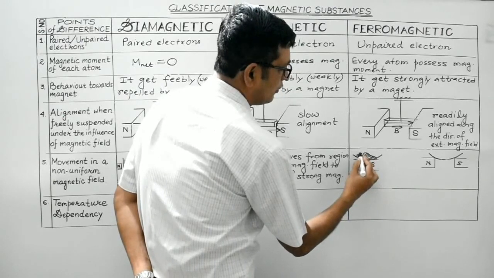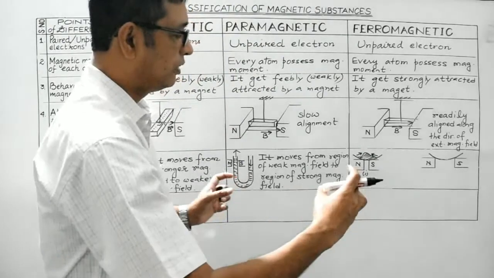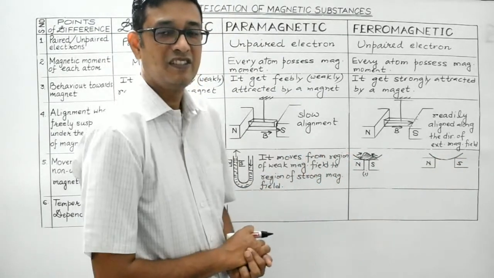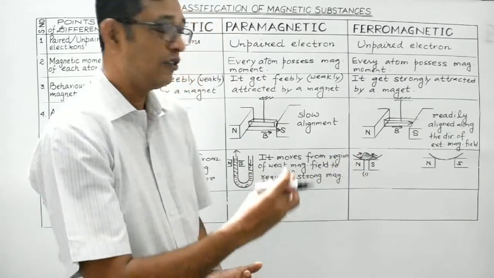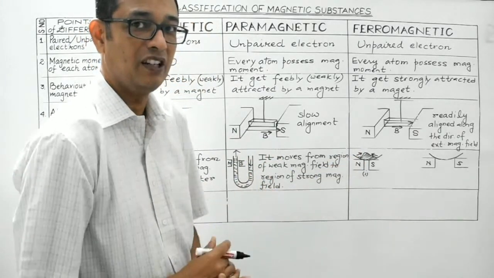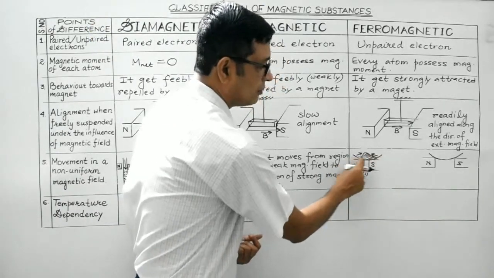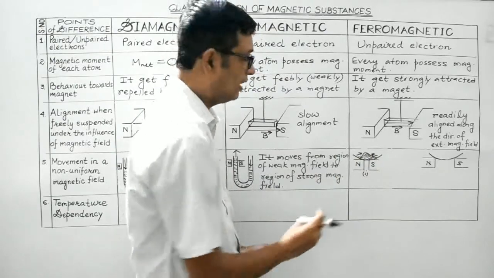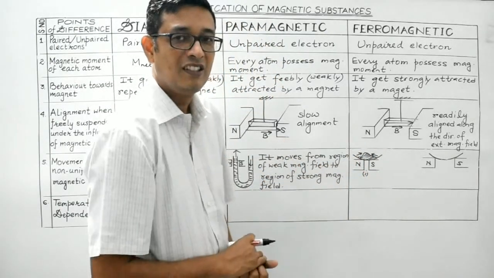So the ferromagnetic material tends to travel from the extreme region to the middle region, indicating that it moves from the weaker magnetic field to the region of strong magnetic field. I repeat, students, here in the extreme regions the magnetic field is weaker, while in the middle portion the magnetic field is stronger.